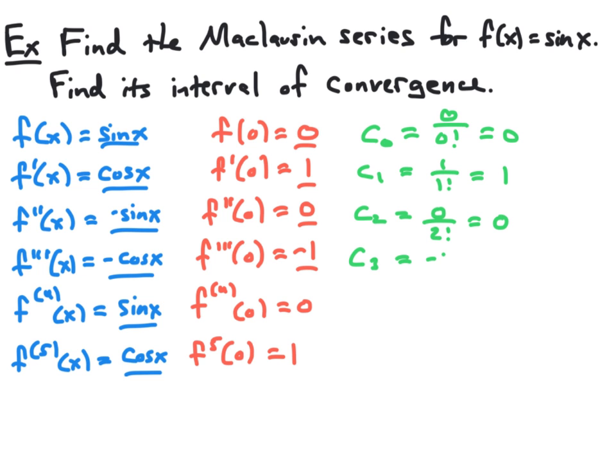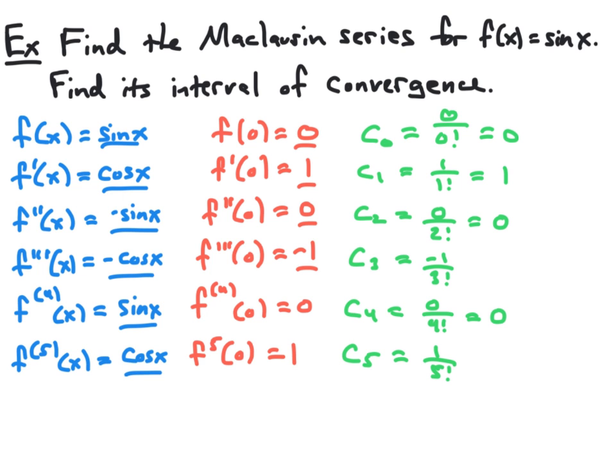C3 will be negative 1 over 3 factorial, which we can keep as negative 1 over 3 factorial. C4 will be 0 over 4 factorial, which will be 0. And C sub 5 will be 1 over 5 factorial, which we'll leave as 1 over 5 factorial.